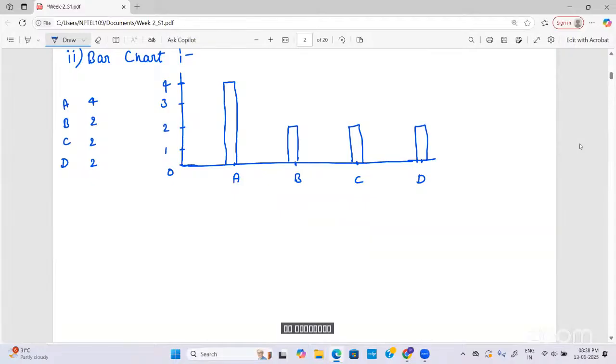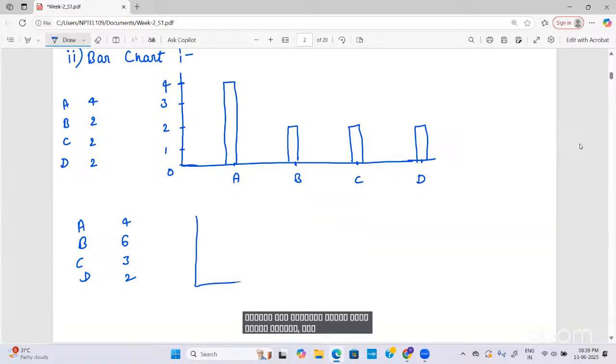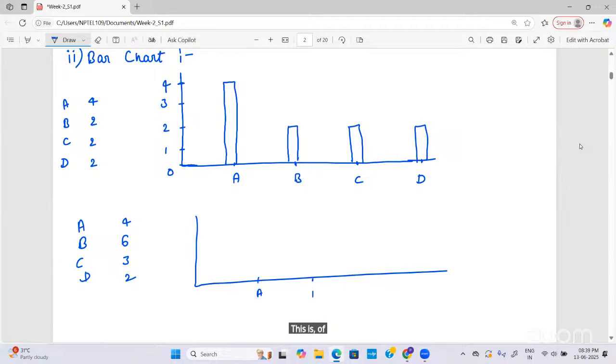Let's take one more example. Suppose we have different numbers: 4, 6, 3, and 2. Suppose this is A, this is B, this is C, and this is D. To make the bar chart, this is 0, 1, 2, 3, 4, 5, and 6.